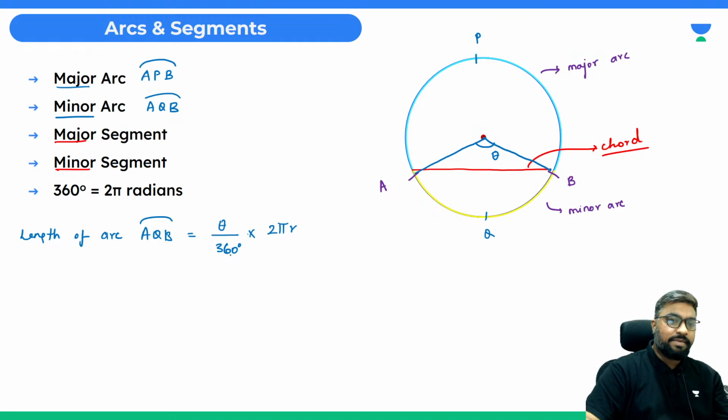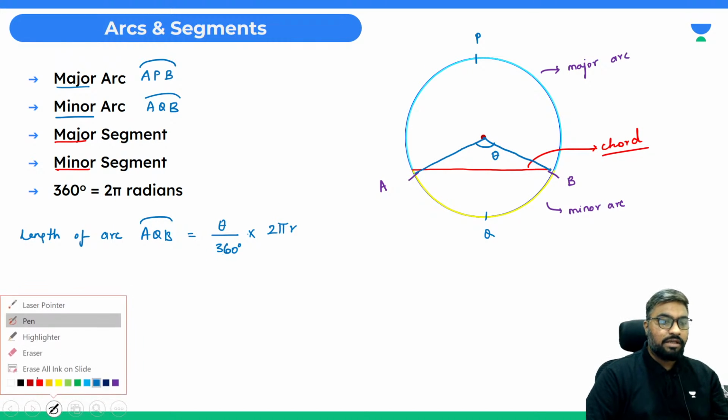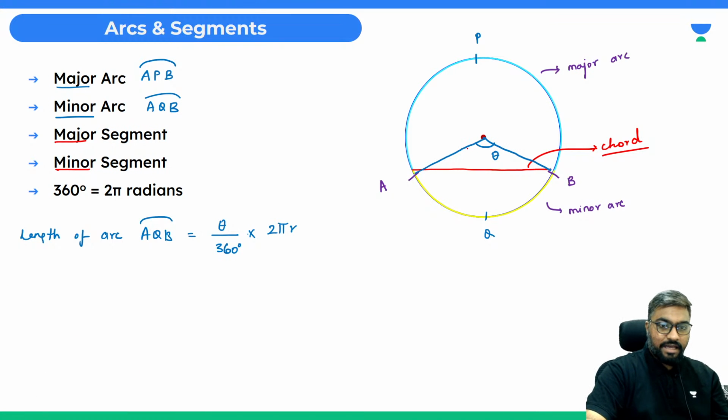आ रहा है theta by 360. Why are we doing this ratio theta by 360? Theta is this angle, 360 is this angle. So the ratio of theta and 360 will be the same as the ratio of arc and full circle. ठीक है? I hope you are getting this.